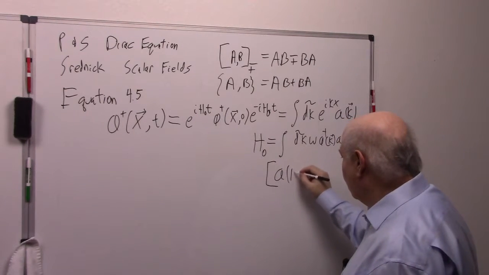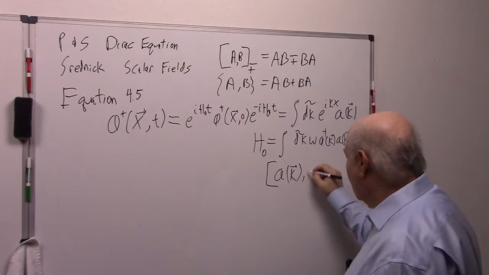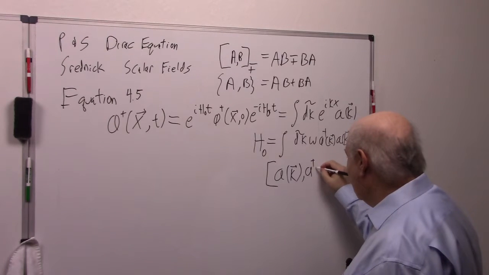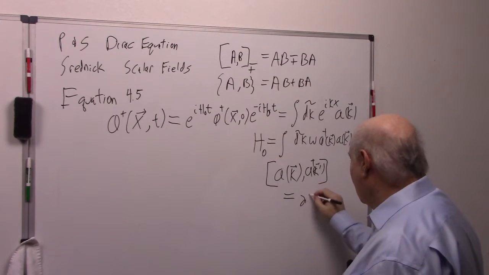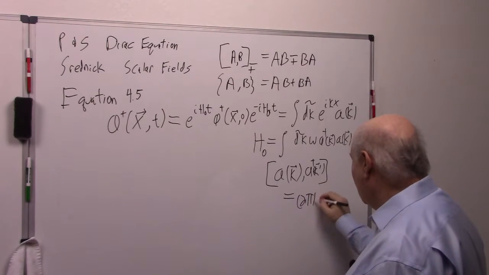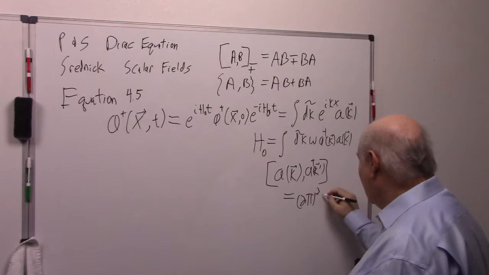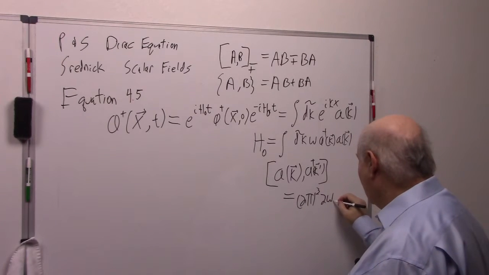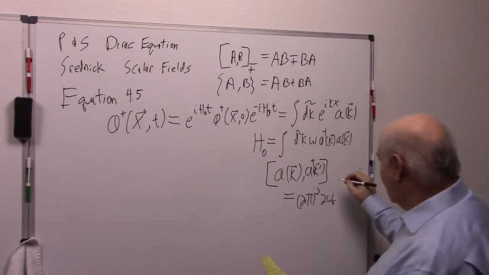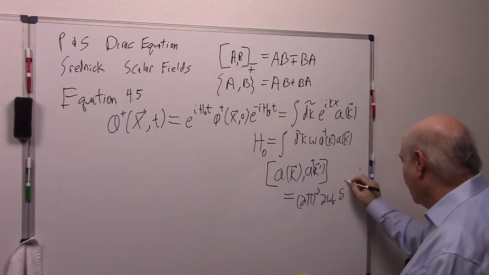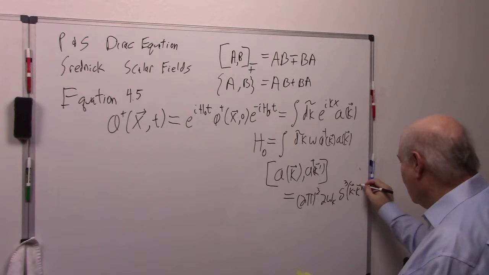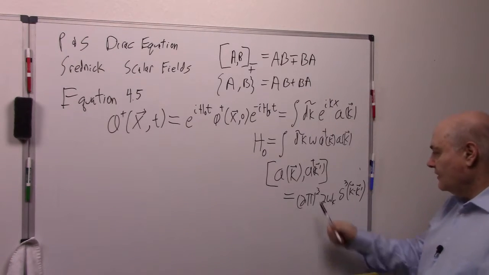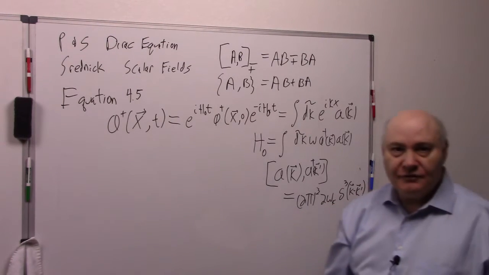All the others are 0. So these are the standard commutation relations.